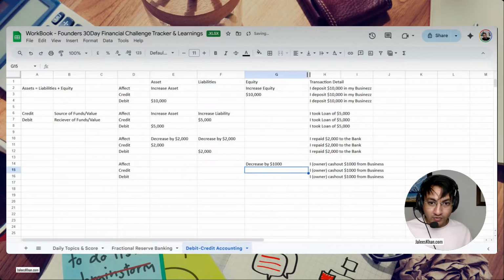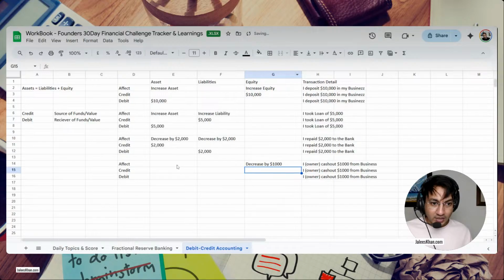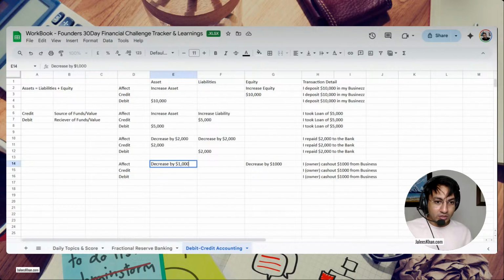But from where do those funds come? They come from assets. So assets are going to decrease by $1,000.